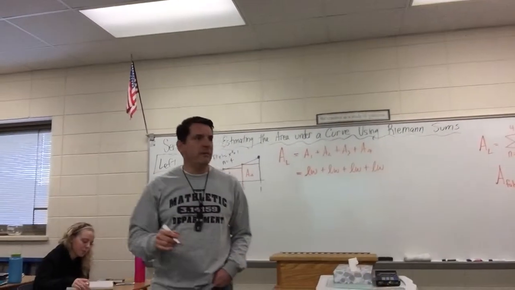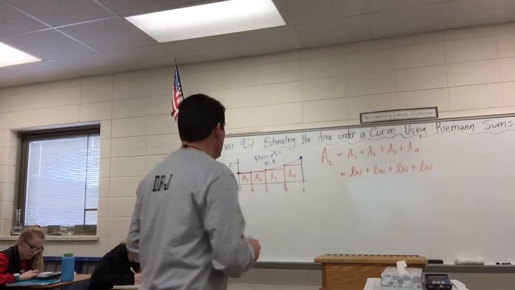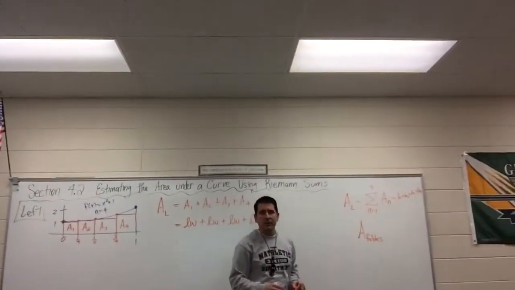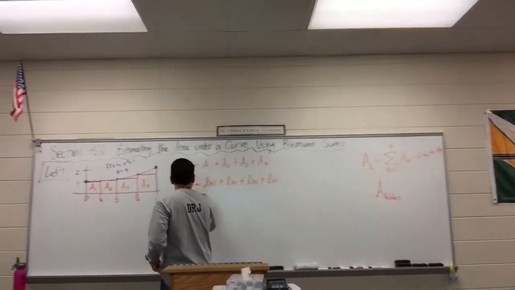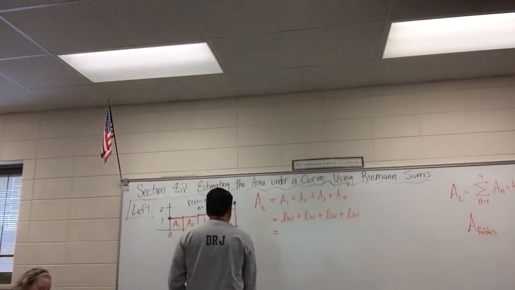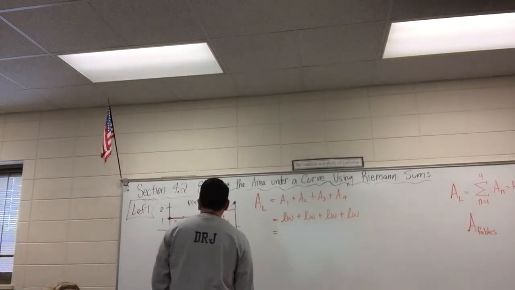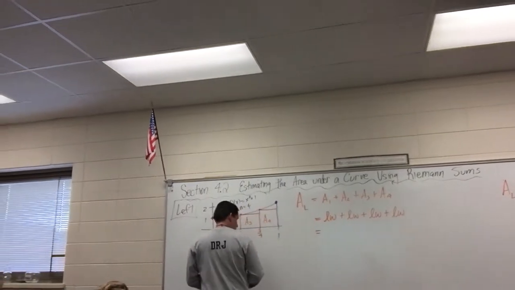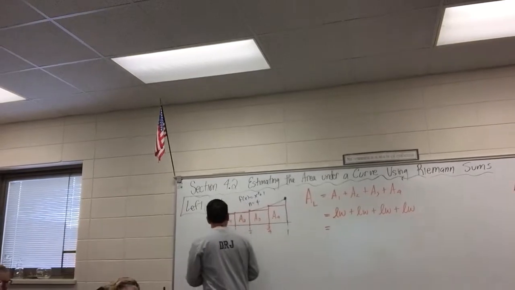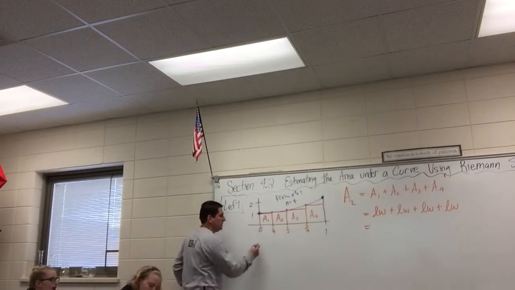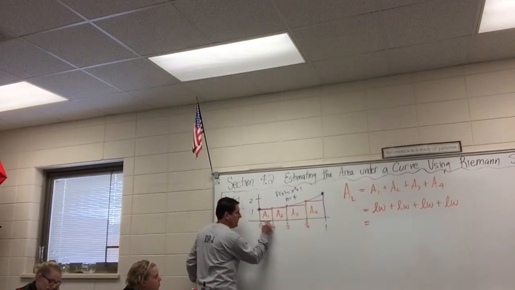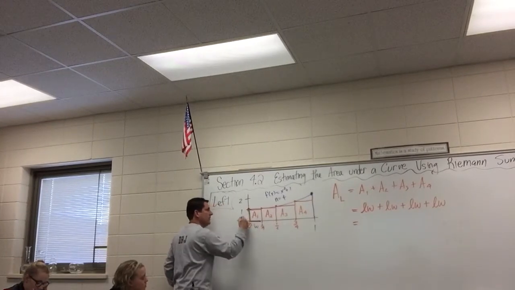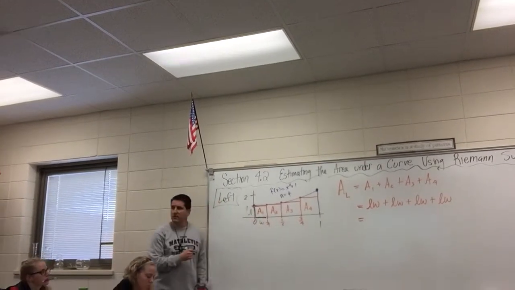All right, so we're going to do this very mechanically. The area of each one of these rectangles is length times width. So let's go figure out what each of those are. Just a matter of what we decide is length and width. So let's call this width, and we'll call this length.